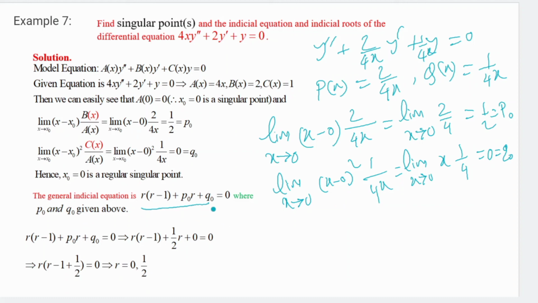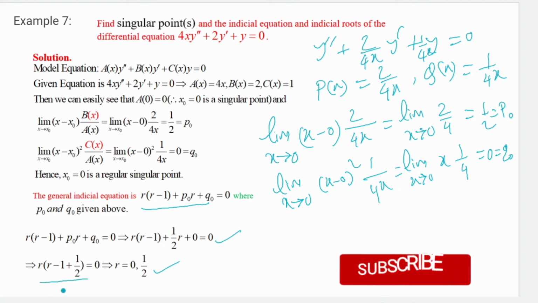Now we put p naught equal to half and q naught equal to 0. When we solve this equation for r, we get r equal to 0 and r equal to half. These are called indicial roots, and this equation is called the indicial equation.